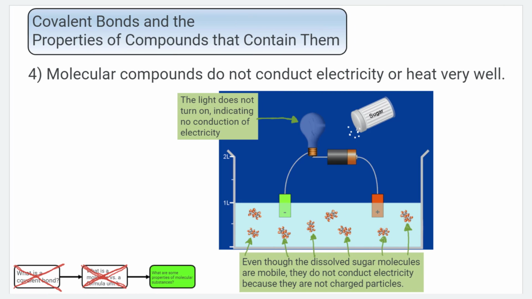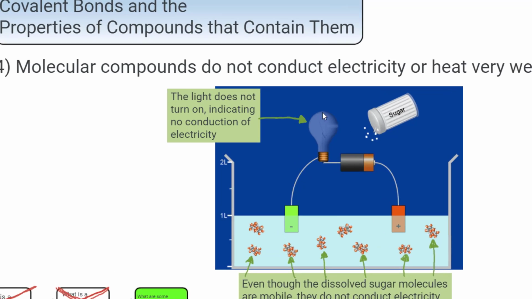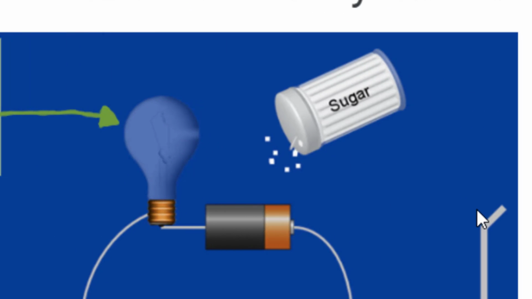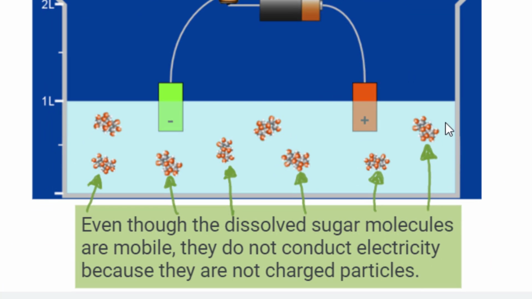And finally, molecular compounds do not conduct electricity or heat very well. The reason they don't conduct electricity, as you can see, the light is not turned on when we use sugar, which is a molecular compound. It's because even though these molecules, when they're dissolved in water, can move around and they're mobile and they can travel through the solution, they do not have charges on them.